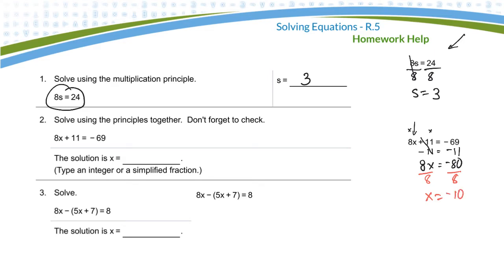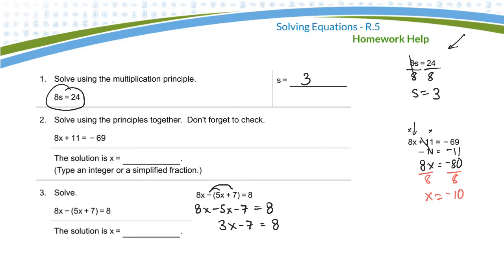Negative 80 divided by 8, negative 10. Okay, the next question has some brackets in it. I need to isolate x, but this time I've got two x's and some brackets to deal with. Let's first deal with the brackets. I need to apply that negative to both things inside there, so it'll be a negative 5x and a negative 7 is equal to 8. Maybe I'll collect like terms on the left side. 8x minus 5x is 3x, minus 7 is equal to 8.